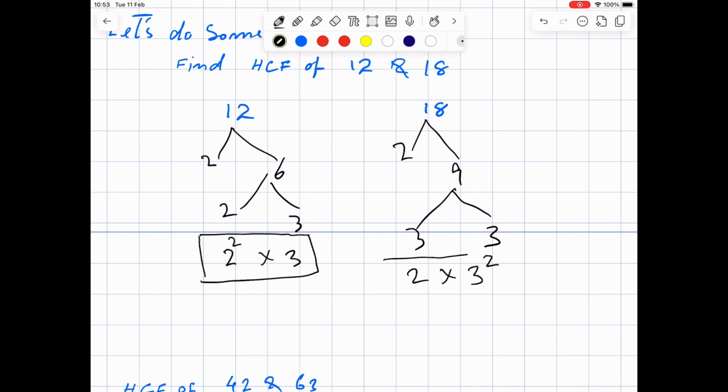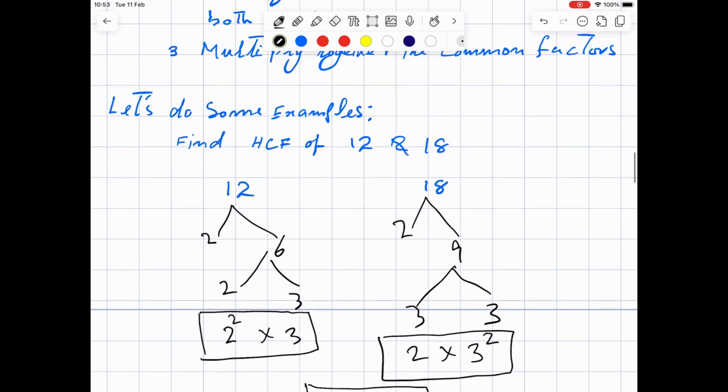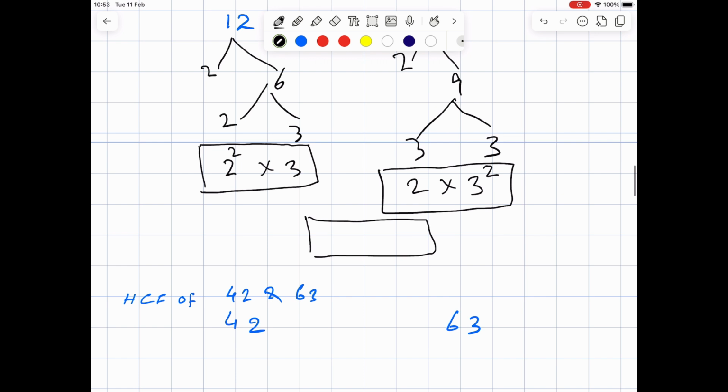Now, to find the HCF of both numbers, we're looking at what is common between these two. There is only one 2 in both of them, and one 3 in both of them. So 2 is common and one 3 is common.